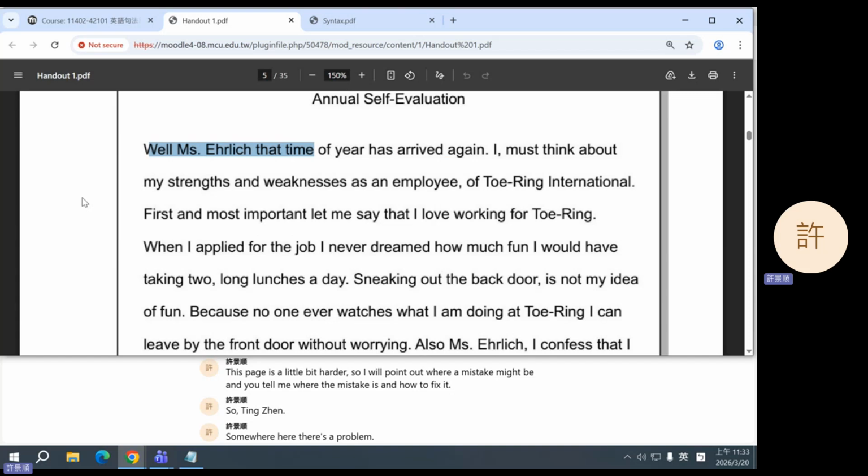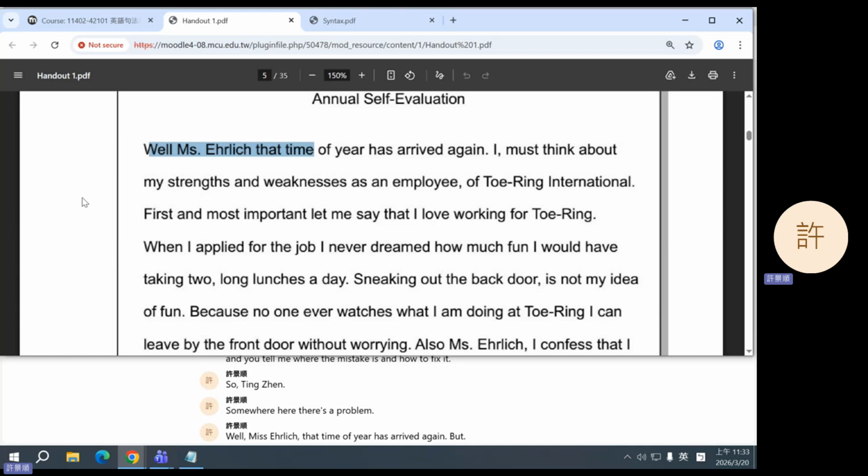Well, Ms. Ehrlich, that time of year has arrived again. But it's in this part. Okay, where? Add a comma where? After well. Okay, do we need another comma?